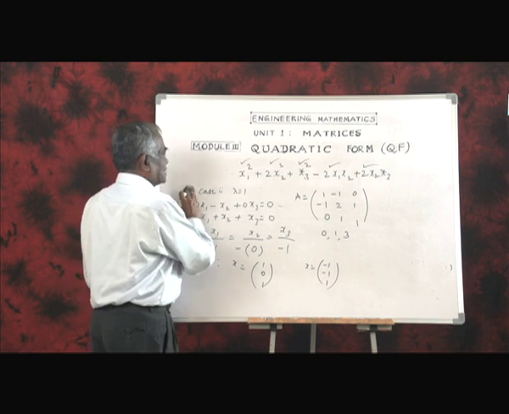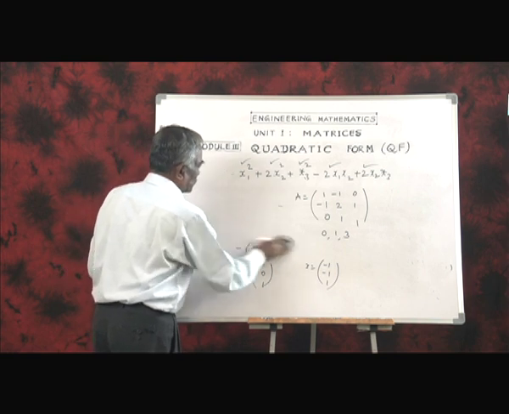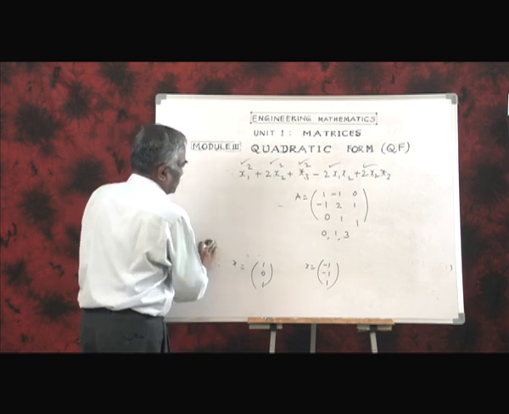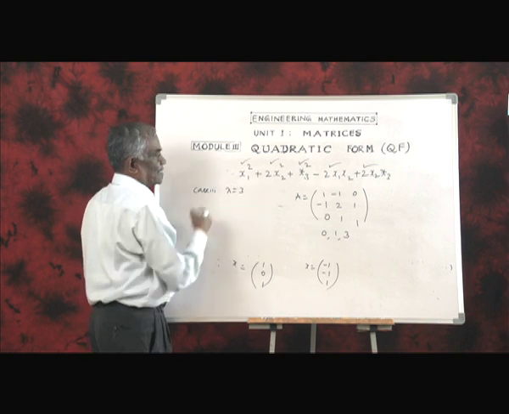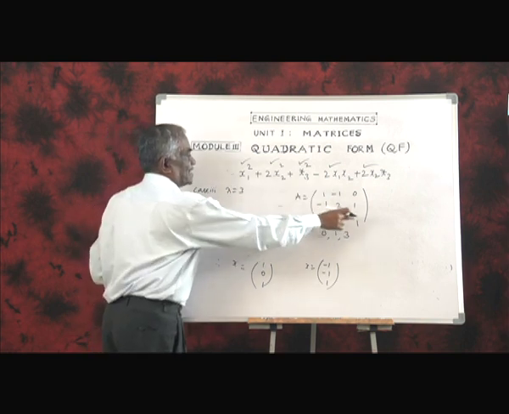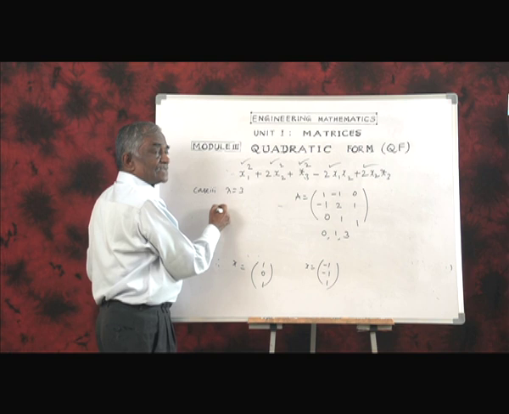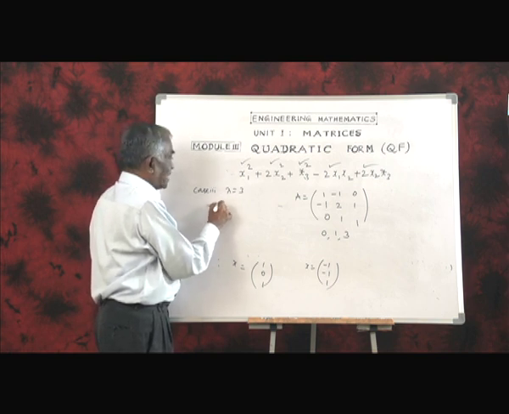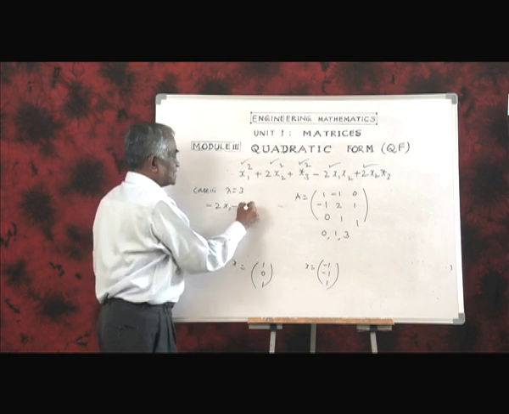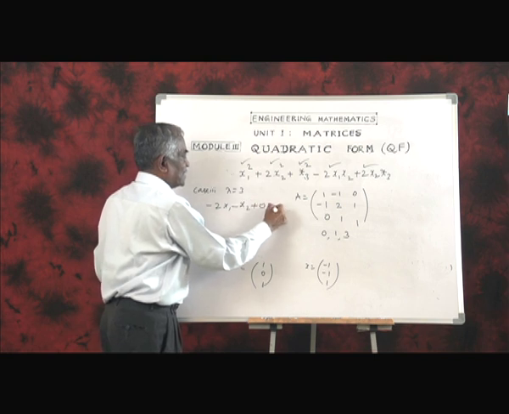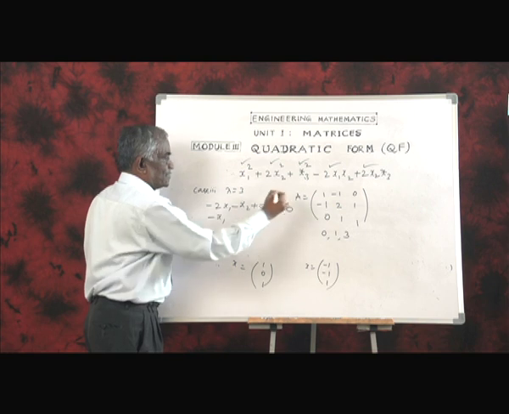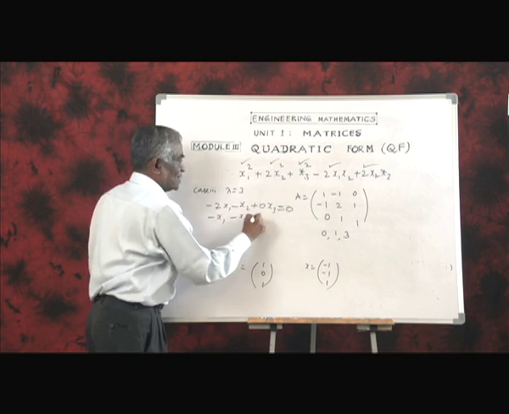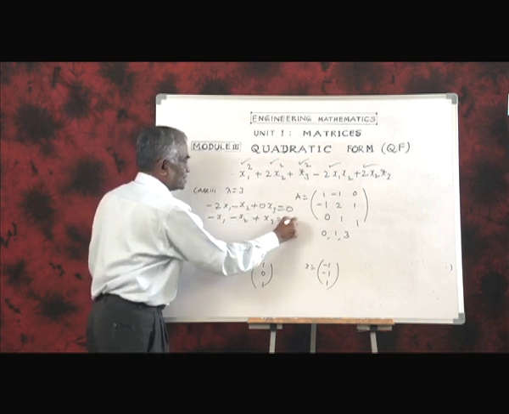Now the last case, that is the eigenvector corresponding to 3. So case 3, lambda is equal to 3. Now what we have to do, we have to subtract 3 from the leading diagonal elements. 1 minus 3, that's equal to minus 2, so minus 2x1 minus x2 plus 0x3 is equal to 0. Then here minus x1, 2 minus 3, so minus x2 plus x3 is equal to 0.